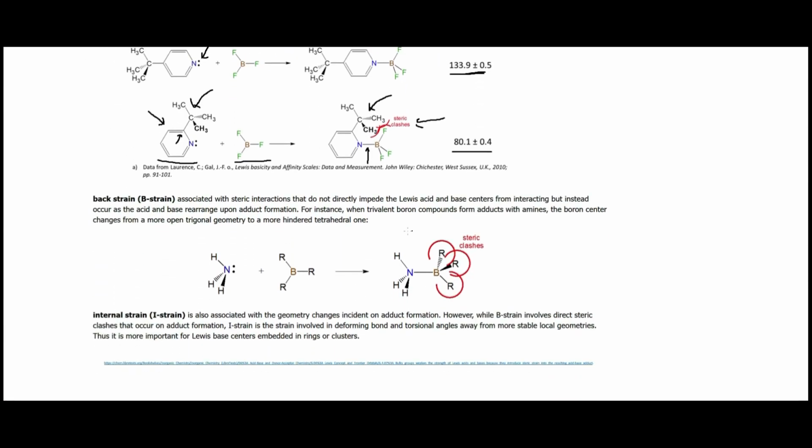Then there are the back strains, so we have our base here and our Lewis acid here. When these interact, if we have these R groups here and these are bulky groups, they will sterically clash with each other in the back right here, which is why this is called back strain or B strain. And so that will make this less likely to interact. Then we can also have internal strain or I strain.